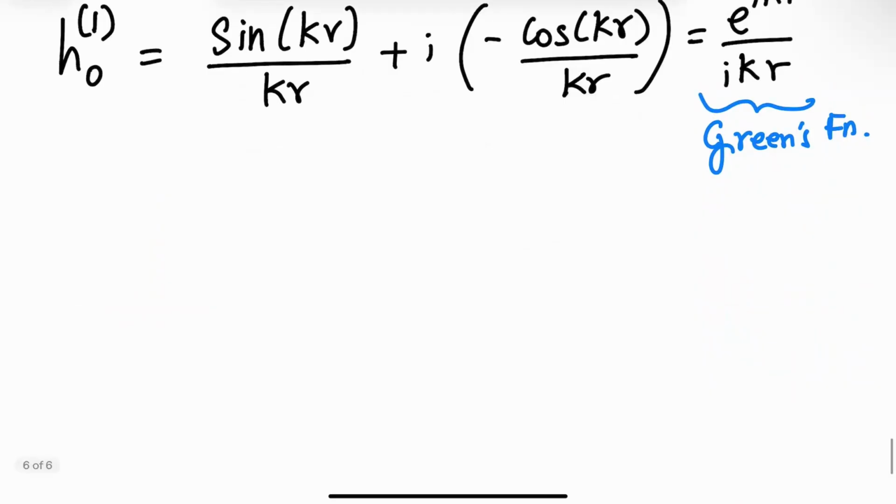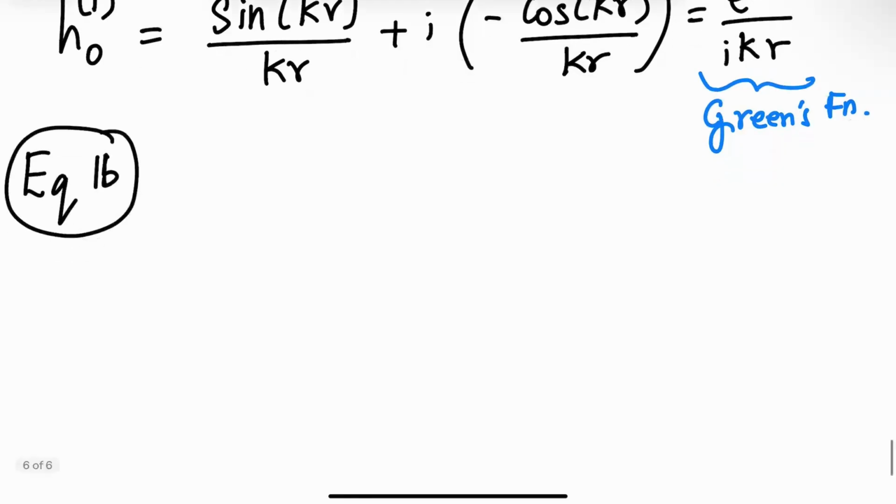Okay, so coming back to the math, we still have to solve equation 1b, rather look at what the solution looks like. And this is in some sense the more complicated one.